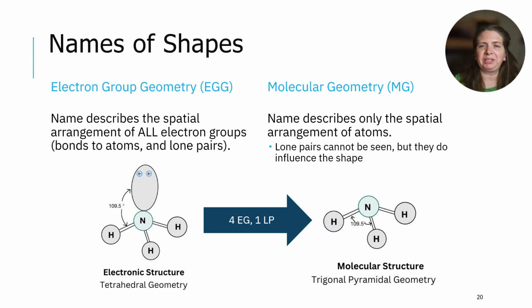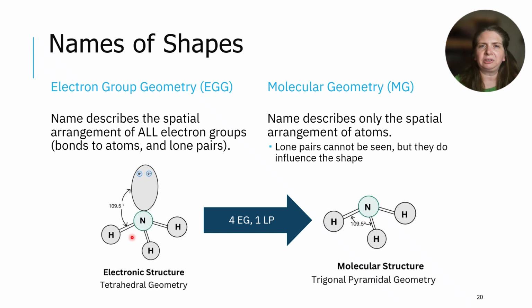When we name molecular shapes, we will assign both an electron group geometry and a molecular geometry. I will abbreviate these as EGG and MG. The electron group geometry describes the arrangement of all electron groups, treating bonding pairs and lone pairs equally. For example, in ammonia, there are 4 electron groups around the nitrogen.